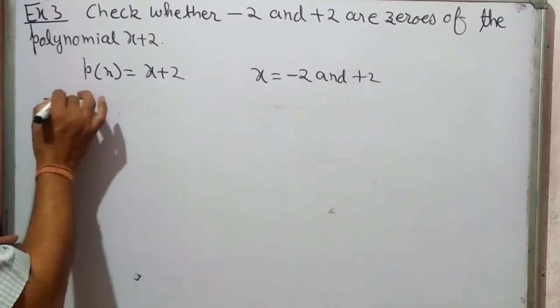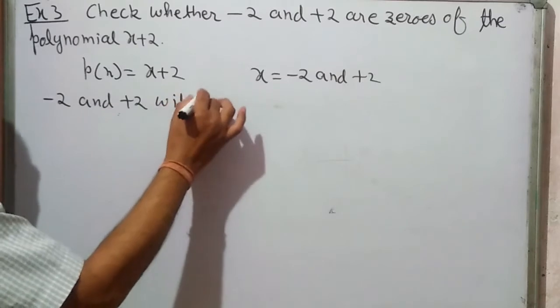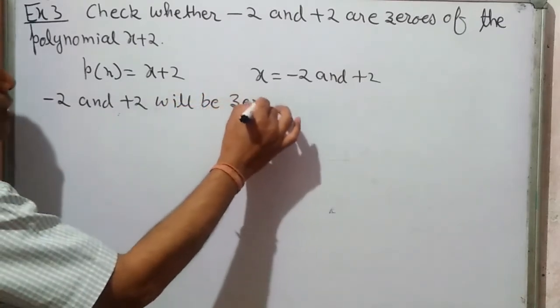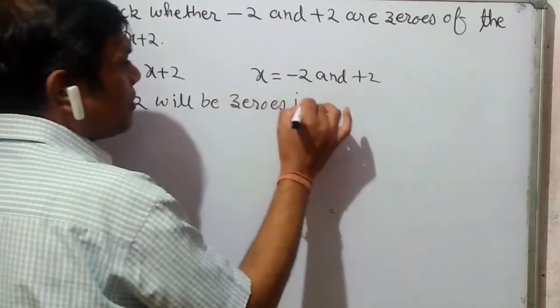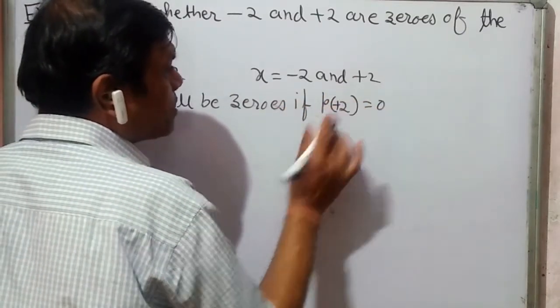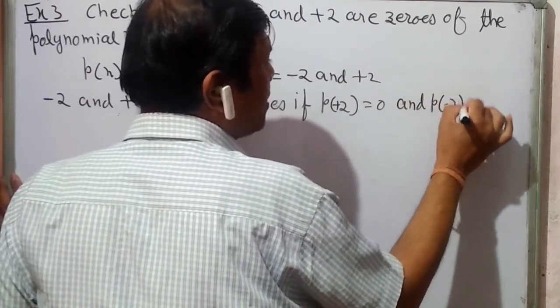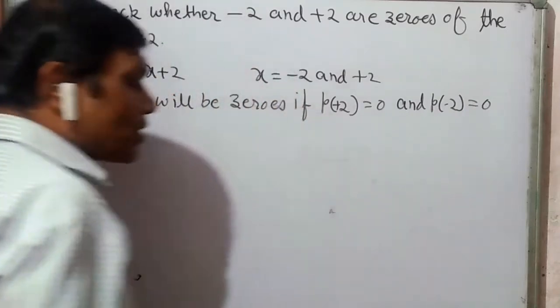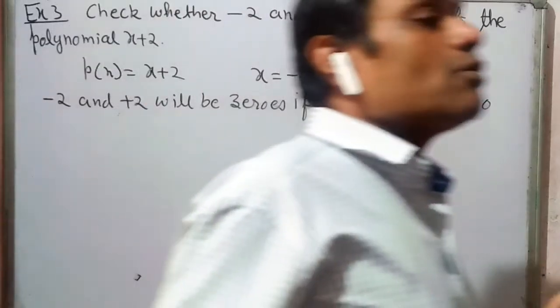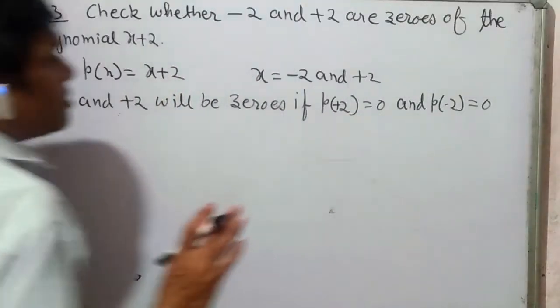Positive 2 will be a zero if the polynomial's value at positive 2 is 0. Negative 2 will be a zero if the polynomial's value at negative 2 is 0.